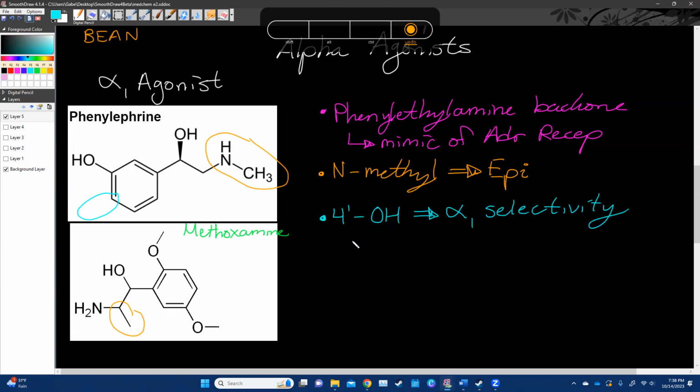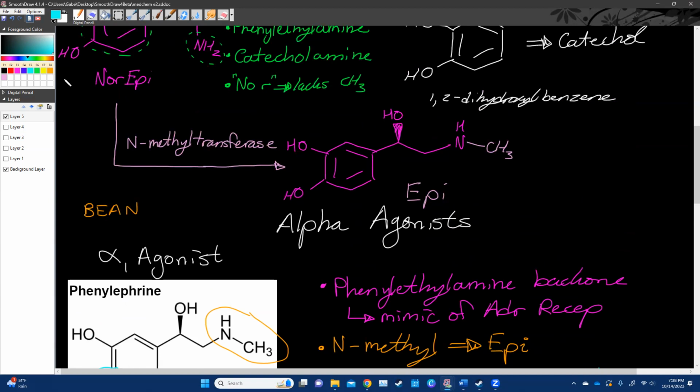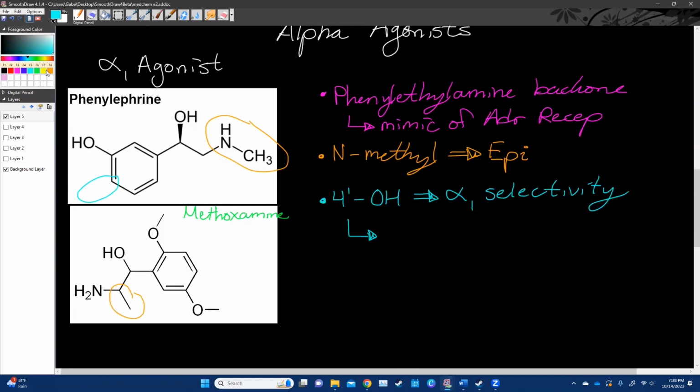The other part that comes out of this is that, remember, when we have our catecholamines, both norepi and epi will get metabolized through two different enzymes, either MAO or COMT.